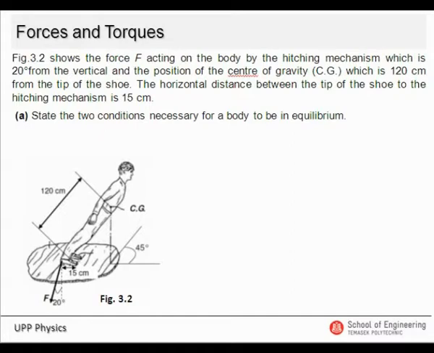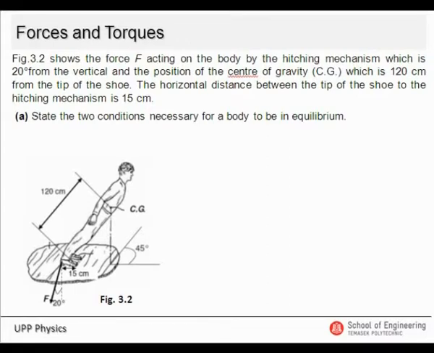Part A of the question asks for the two conditions necessary for a body to be in equilibrium. So what are the two conditions? The first condition is the resultant force is 0. So let's write it down.